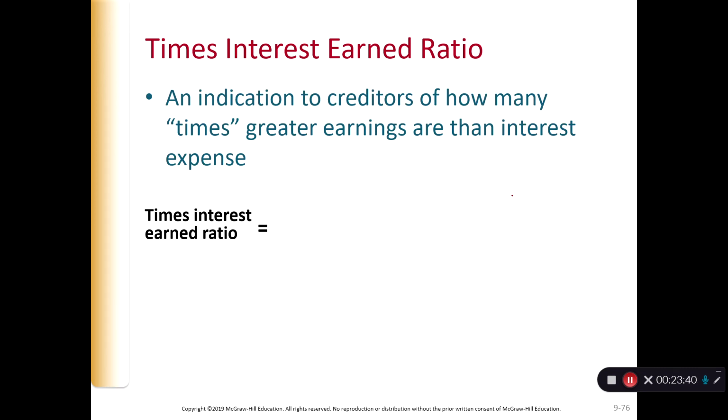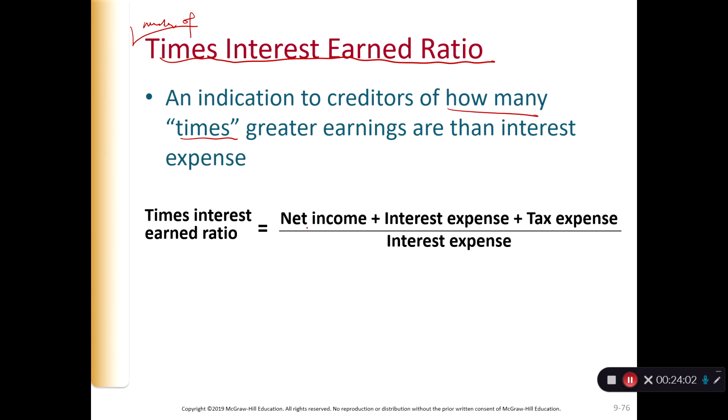So another thing that we want to understand is called the times interest earned ratio, meaning the number of times the interest is earned. It's an indication to the creditors of how many times greater earnings are than interest expenses.